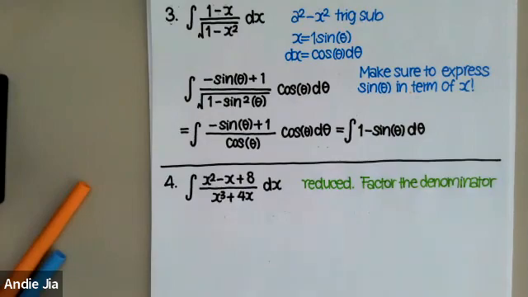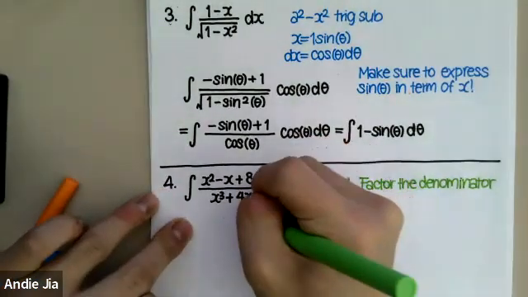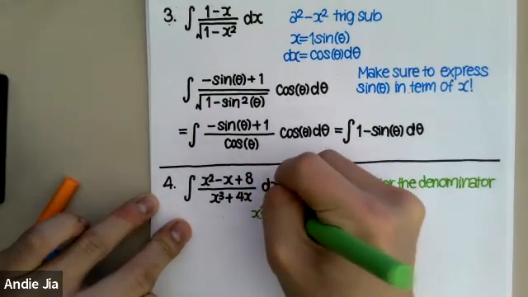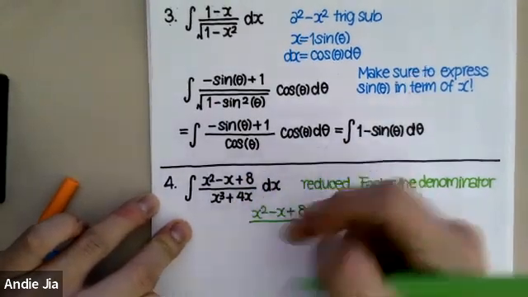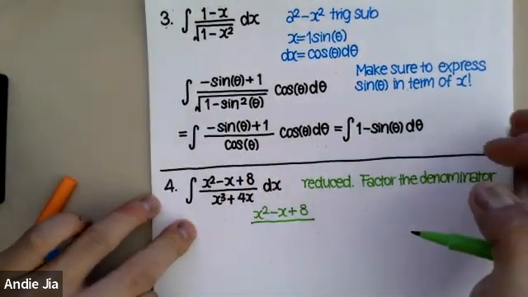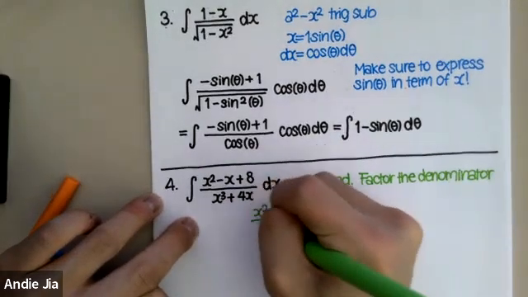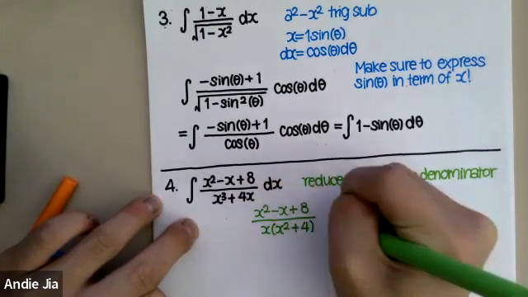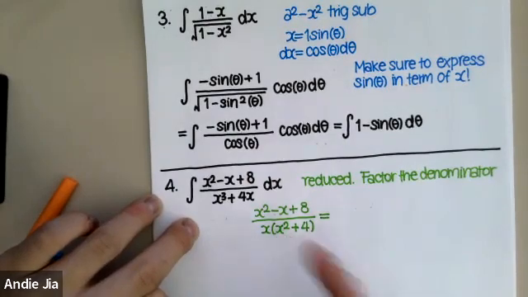Then do the PFD. So we do this. Factor x out, because x is what we can factor. This is an irreducible quadratic.